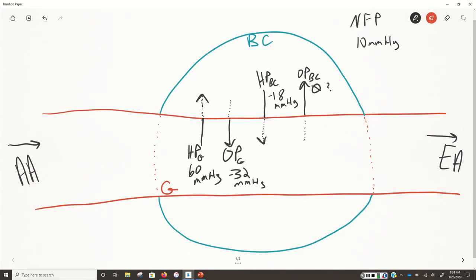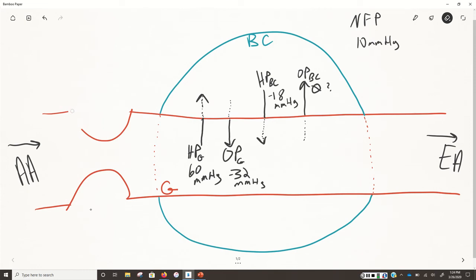As it presses harder against the walls of the afferent arteriole, that smooth muscle is going to reflexively contract, and we get vasoconstriction. So less blood gets into the glomerulus. That blood is under higher pressure, but less blood is getting in, so that 60 mmHg hydrostatic pressure remains relatively constant, and the NFP can remain relatively constant.